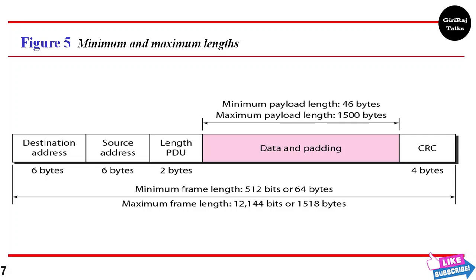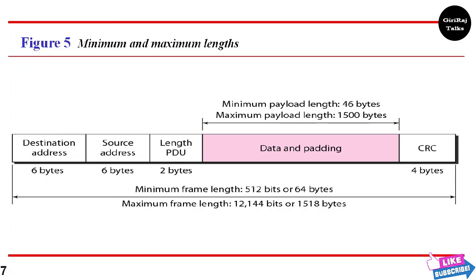Part of this length is the header and the trailer. If we count 18 bytes of header and trailer, in this 6 bytes of source address, 6 bytes of destination address, 2 bytes of length or type and 4 bytes of CRC, then the minimum length of data from the upper layer is 46 bytes.